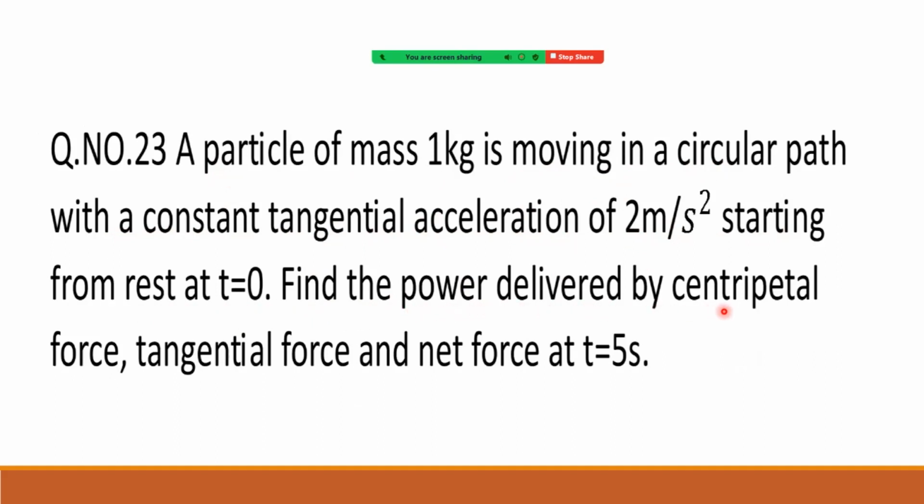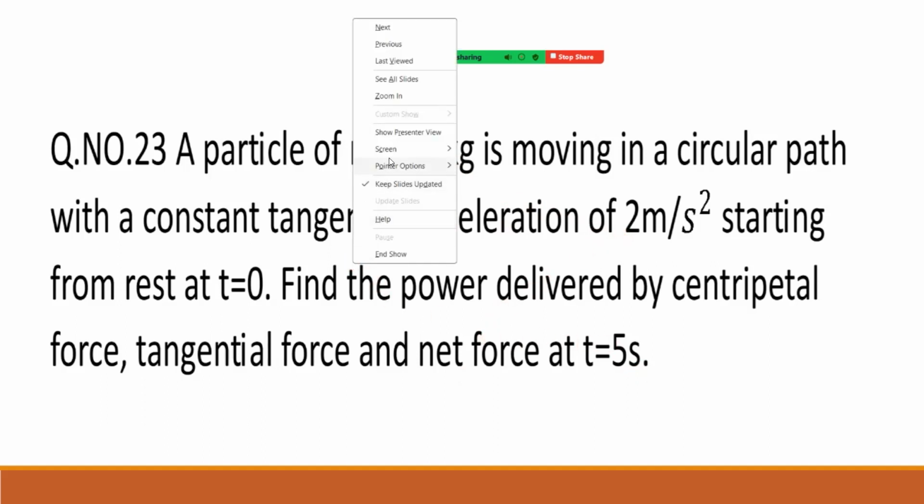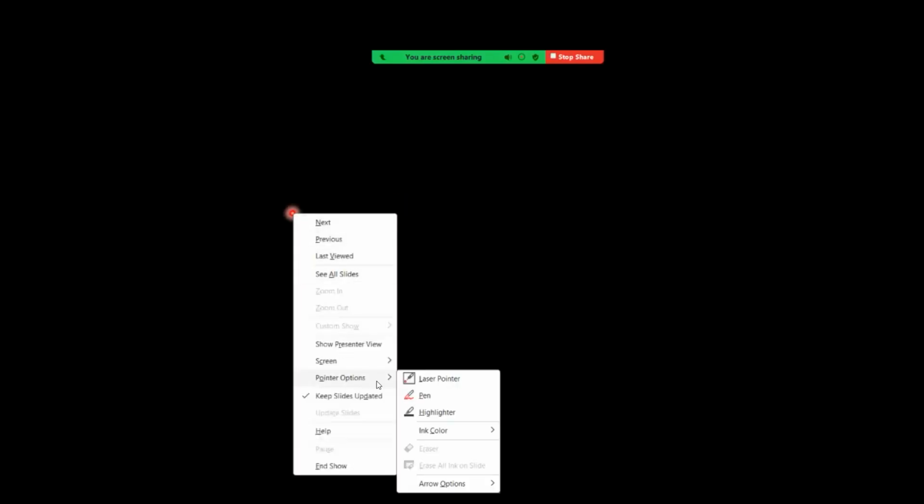Find the power delivered by centripetal force, tangential force, and net force at t equal to 5 seconds. Okay. Mass 1 kg, tangential acceleration 2 meter per second square, at t equal to 5 seconds. Right. See how we solve the problem.